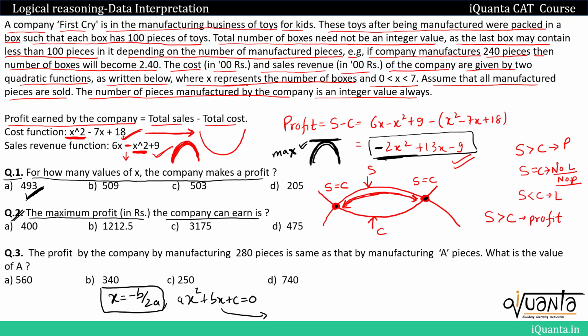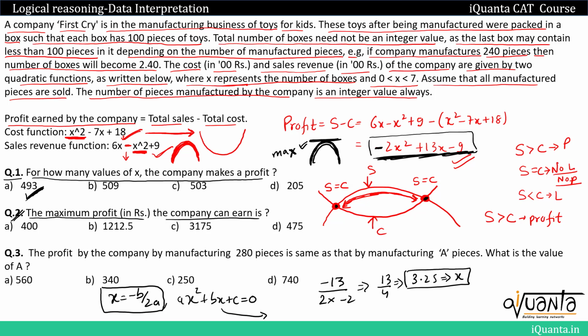So in the profit function that we have over here, the value of minus b upon 2a will be minus 13 upon 2 into a, which is minus 2. So we get 13 upon 4, which is equal to 3.25. So this is the value of x for which our profit function will attain its maximum value.